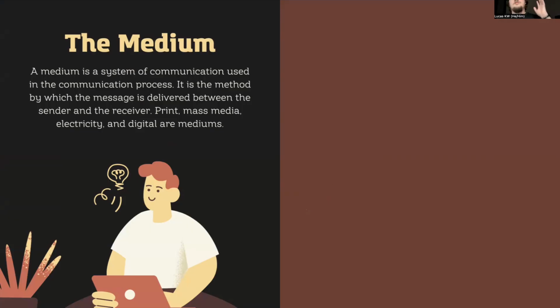So if we're going to use our Zoom space here, Zoom is our medium. I'm giving you information. It's being put into this video and it's going to be put onto Canvas for you all to see. So Zoom is acting as the medium for me to communicate this information to you.